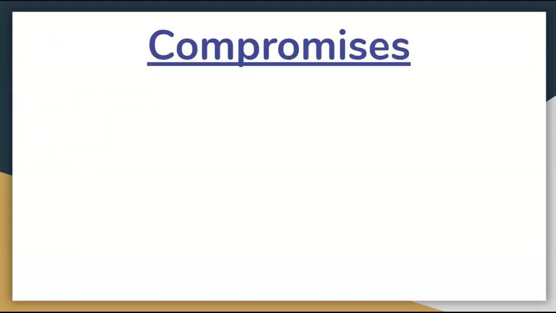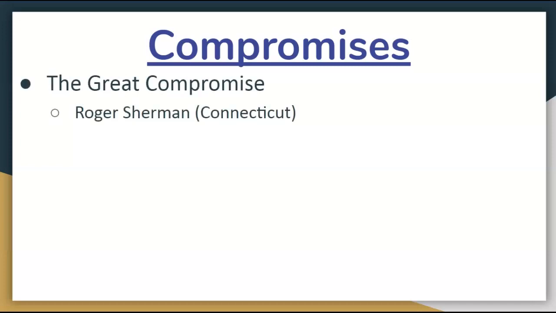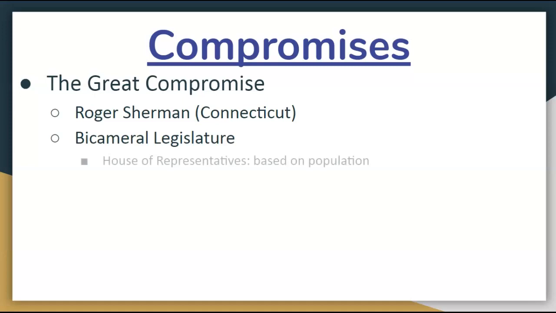So what happens is 2 compromises get made. One is between the Virginia and New Jersey plans. The other one is about a different issue that we brought up in yesterday's video. These compromises, first, the Great Compromise. This is proposed by Roger Sherman of Connecticut. He proposes a bicameral two-house legislature where the House of Representatives is based on population.